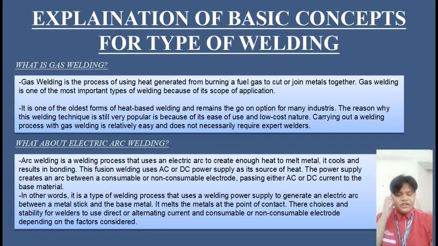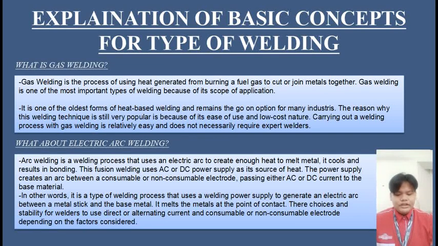The power supply creates an arc between a consumable and non-consumable electrode, passing either AC or DC current to the base material. In other words, it is a type of welding process that uses a welding power supply to generate an electric arc between a metal stick and the base metal.